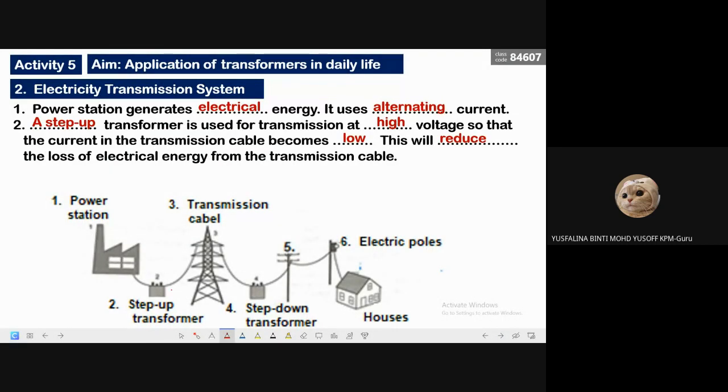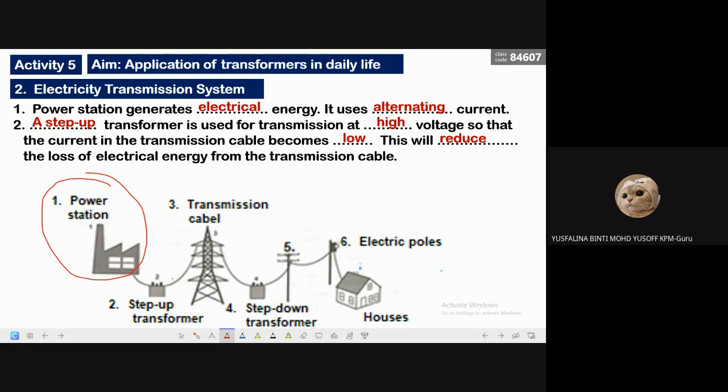So step up. I think you already know this comes from the power station. So when it goes to the power transmission cable, this one is important. Okay, power station, we transfer the voltage to the transmission. So you have to use step up. Why do you have to use step up? Because the transmission cable has a long wire, right?